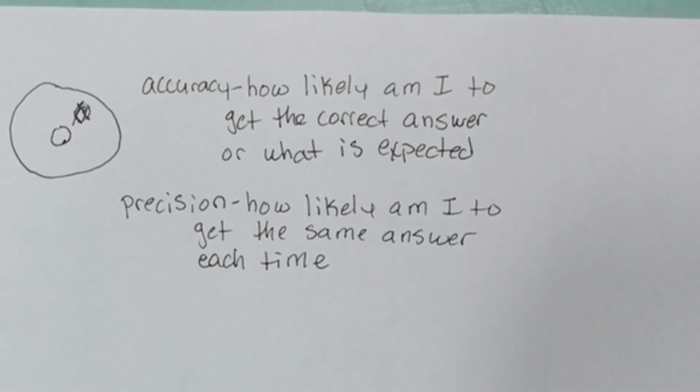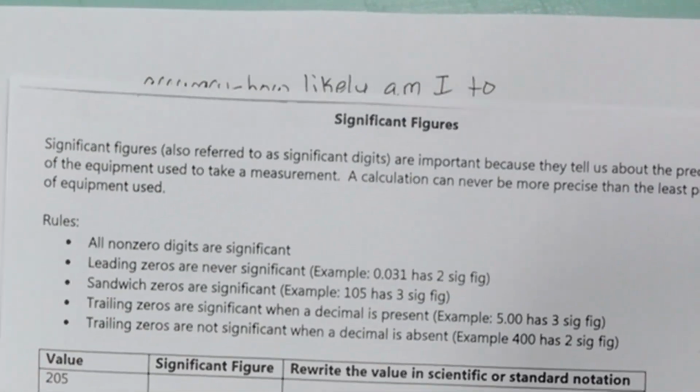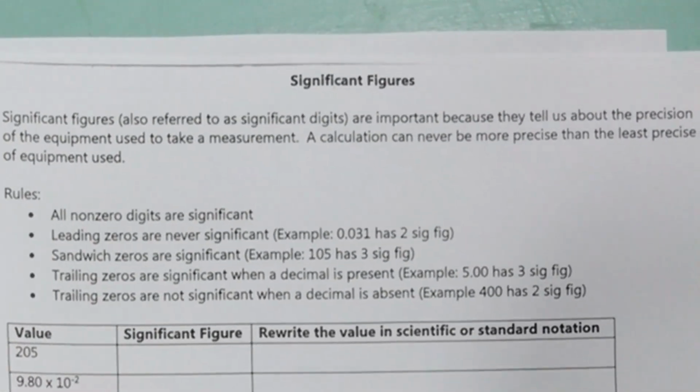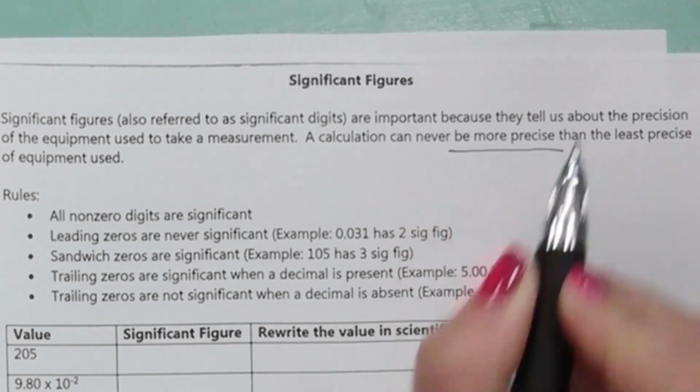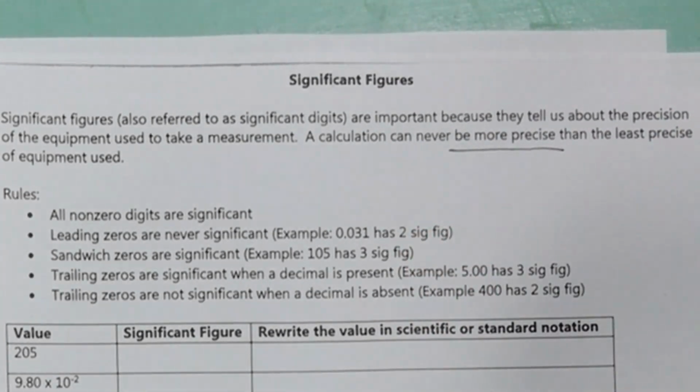Now, this is important because this leads us into significant figures. Lab equipment has precision, and some lab equipment is more precise than others. When we are doing a calculation, the result overall can never be more precise than the least precise piece of equipment used.